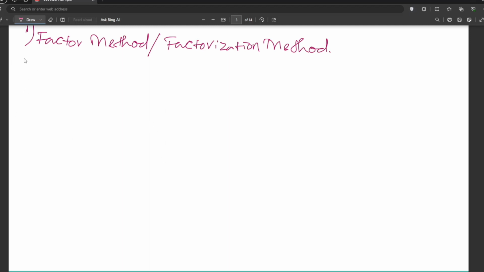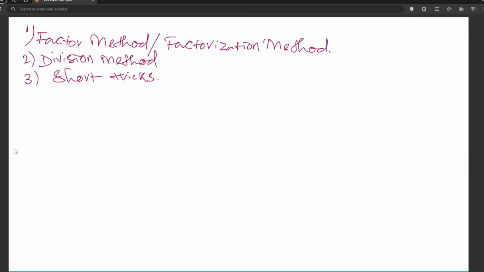Second method is the long division method or division method. And third one is using short tricks. Here I will discuss all of the three methods so that finding the square or square root of a number is easy for you all.